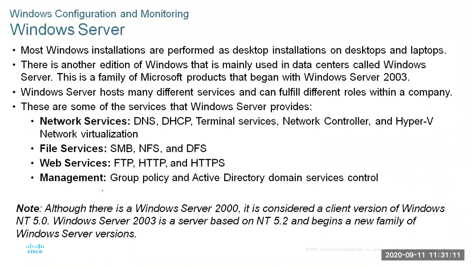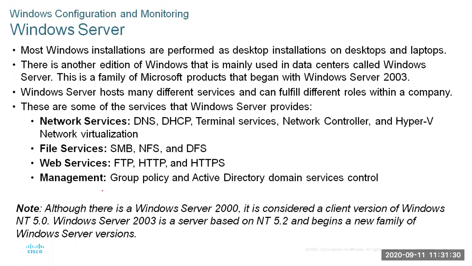Most Windows installations are performed as desktop installations on desktops and laptops. There's another edition of Windows that is mainly used in data centers called Windows Server. It is a family of Microsoft products that began with Microsoft Server 2003.